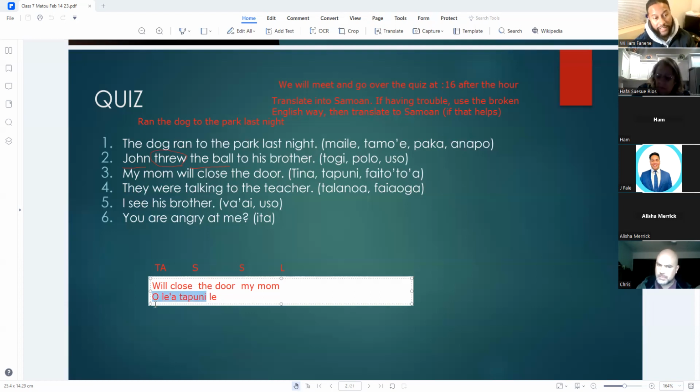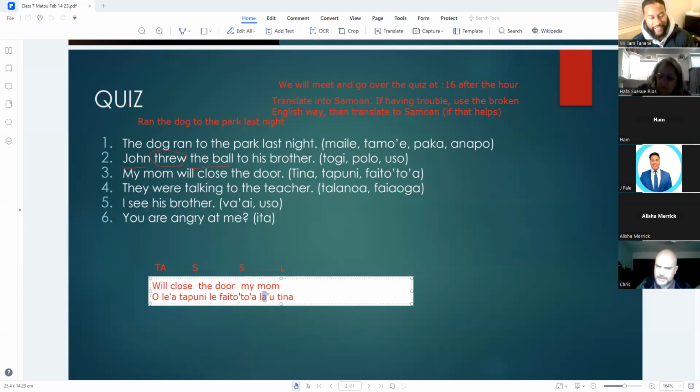Our tense and our action is will close, or ole'a tapuni. And then our subject is to'a, by toto'a. La'u tina. Okay, and yeah, la'u tina.